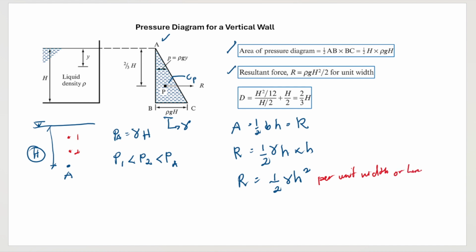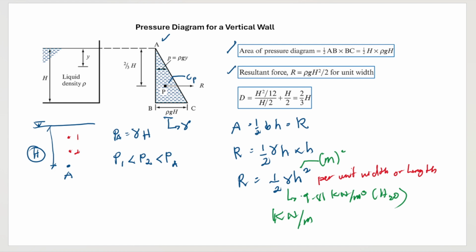If gamma is, for example, 9.81 kilonewton per cubic meter for water, and the height is in meters, then squared meter multiplied by kilonewton per cubic meter gives a unit of kilonewton per meter. That's why the resultant force is in newton or kilonewton per meter, or per unit width or length.